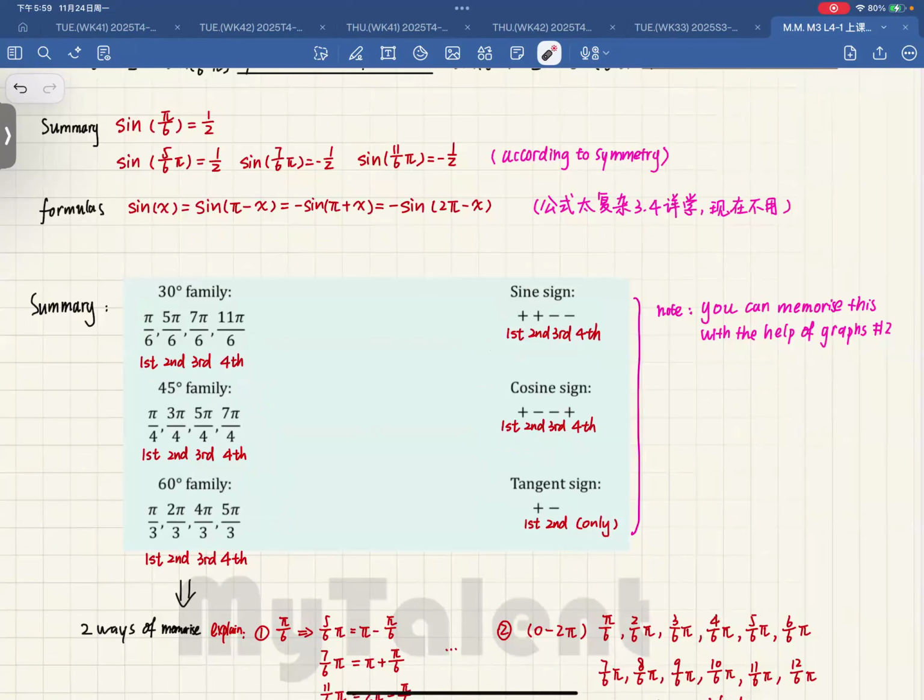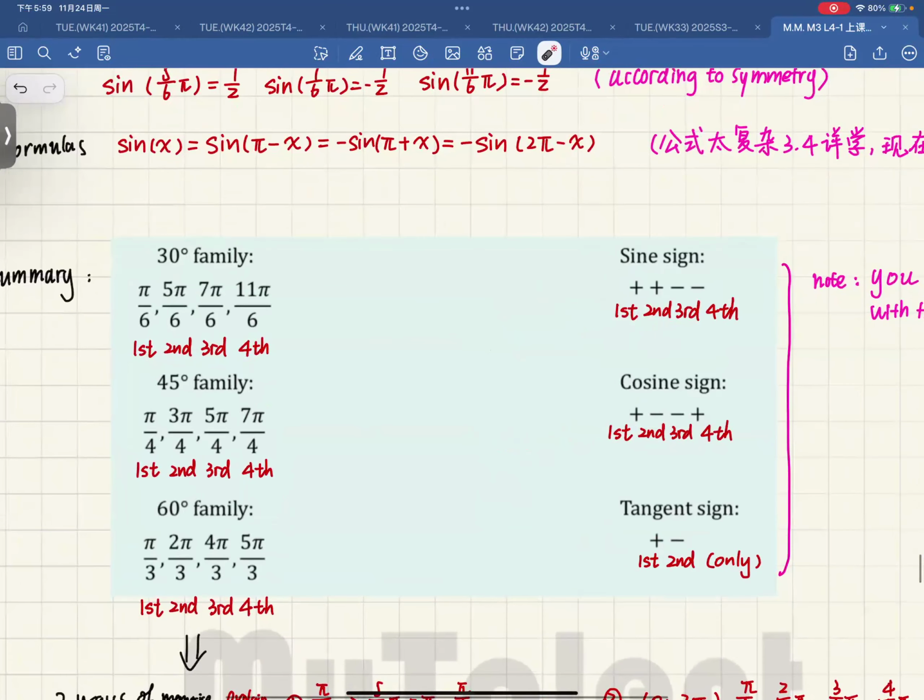There's another table. We call them the 30-degree family, 45-degree family, and 60-degree family. The 30-degree family means we start from pi on 6. If we know pi on 6, we know 5 pi on 6, 7 pi on 6, and 11 pi on 6.